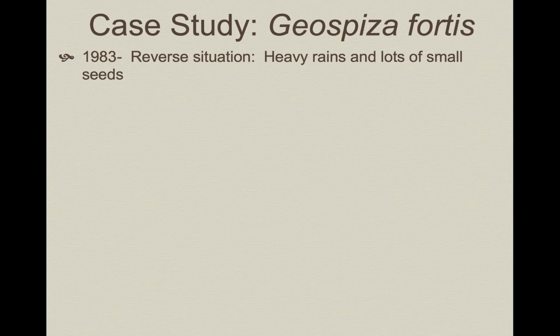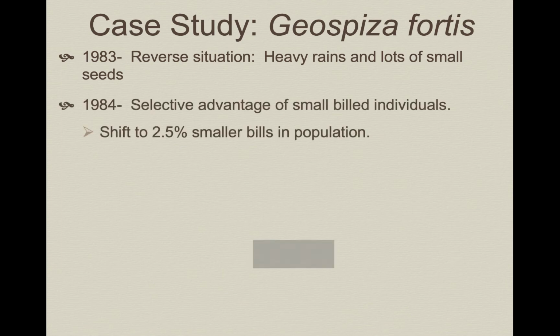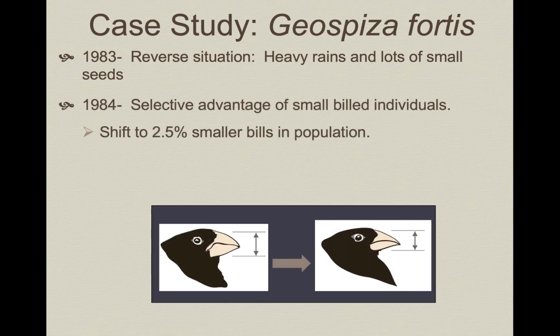Instead of a drought, there were heavy rains, and those heavy rains were better for the plants to produce small seeds, and so there were lots of small seeds available, but not a lot of large seeds. And so in 1984, we see a selective advantage of small-billed individuals, meaning small bills under this environmental filter were the adaptation. And so we see an expected shift in the next generation to 2.5% smaller bills in the population.